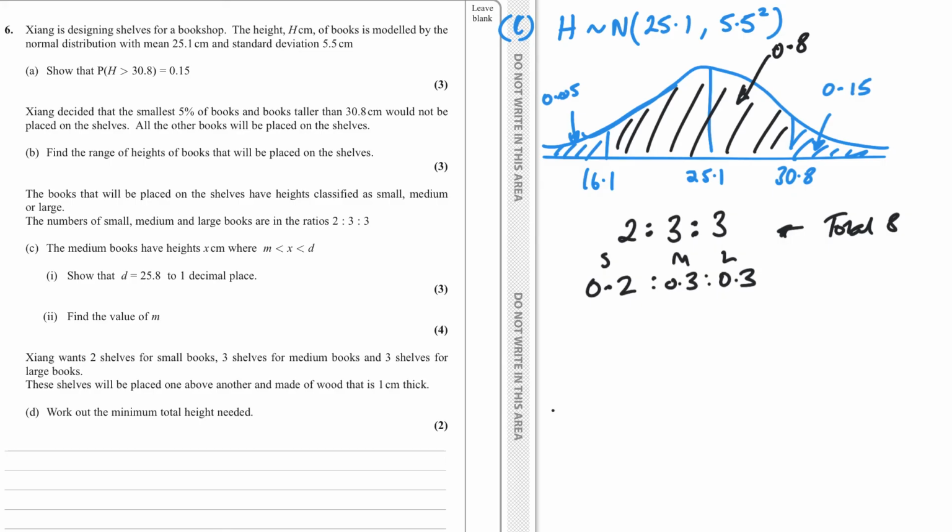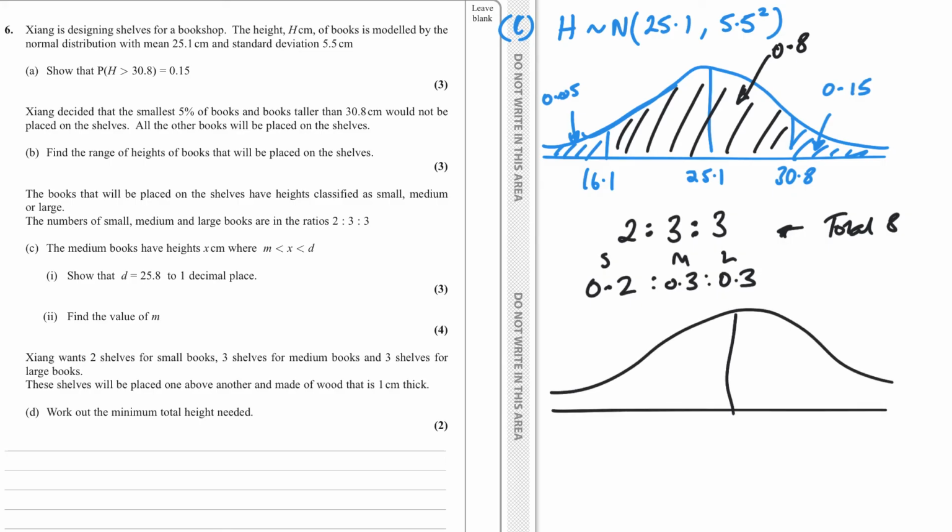So if I think here, the start of the medium books is, if this is my 0.05, then this is 0.2, and this is the start of the medium, and it goes up by 0.3, which is just going to take me just past the middle.